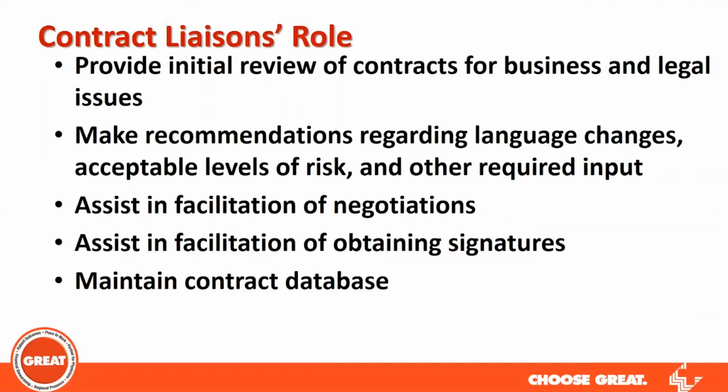As you saw on the first slide with the loops, the contract liaisons do the pre-review for Anna and me, which helps move the contracts along really quickly. They identify legal issues that they know we're going to see. Particularly, Erin has been with the department for over 10 years, so she has picked up on a lot of the changes they know we're going to make, and they'll go ahead and make those.